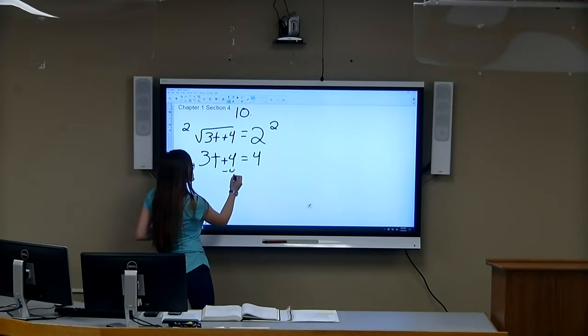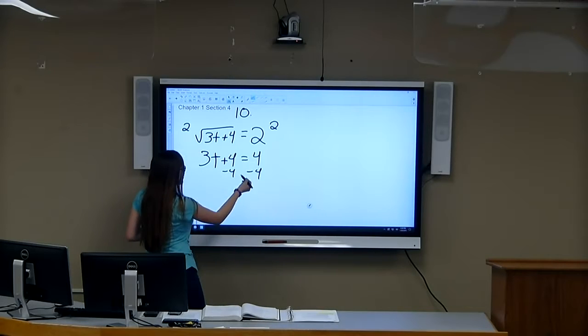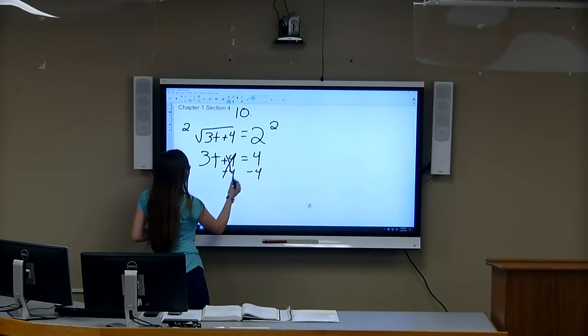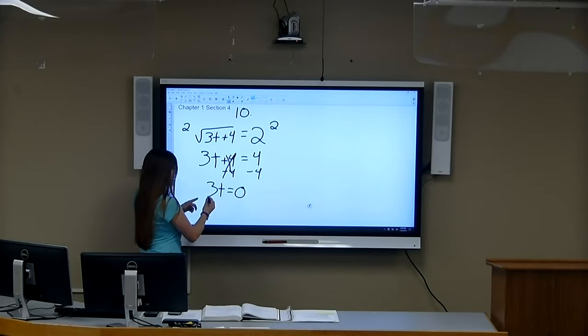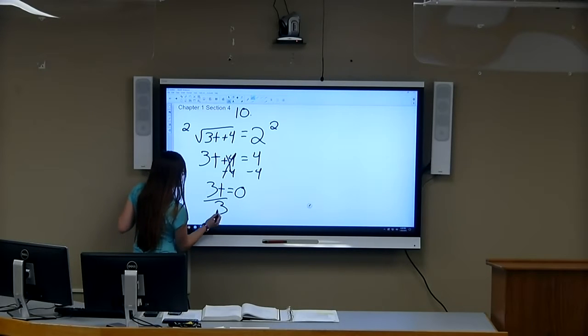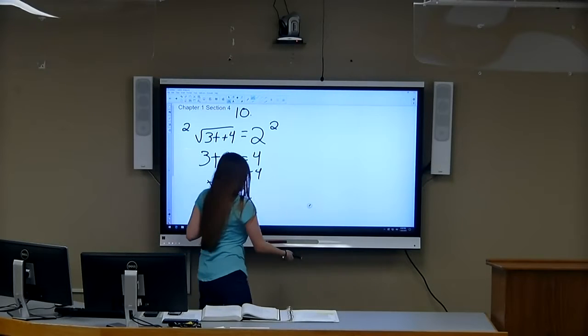Subtract 4 from both sides, and that's going to give you 0 on this side. These will cancel out. So 3t equals 0. And then you're going to divide both sides by 3. Once again, these 3's will cancel out, and you'll get 0 over 3.